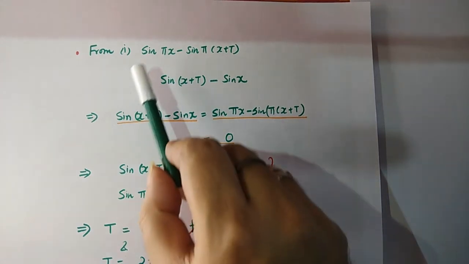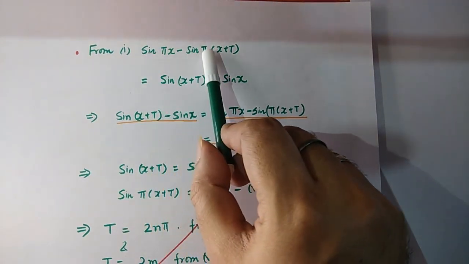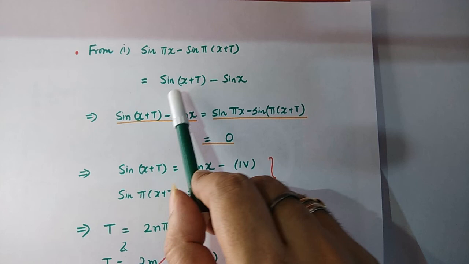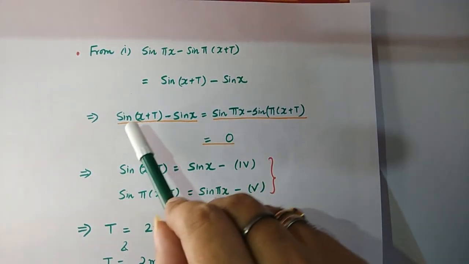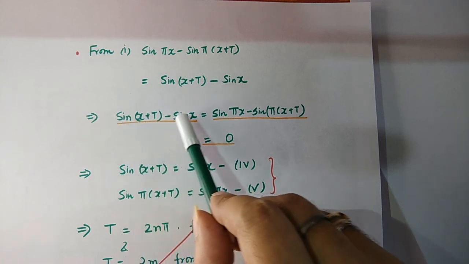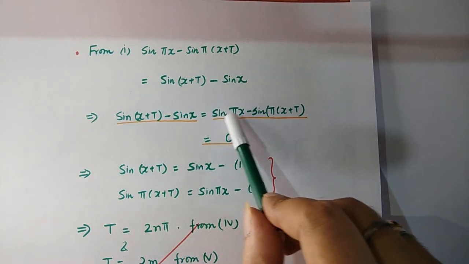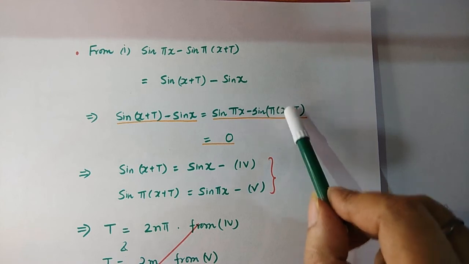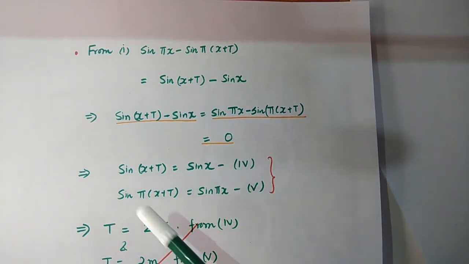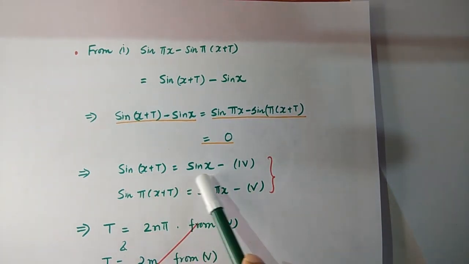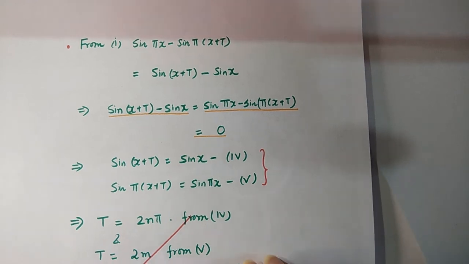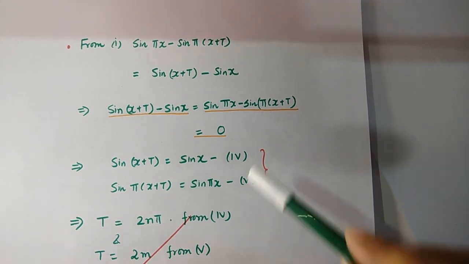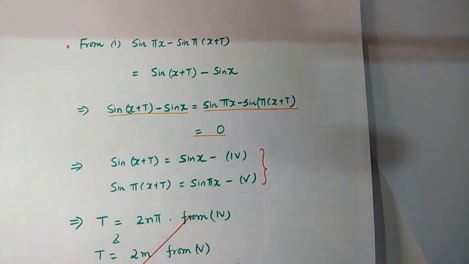But from equation 1, sine pi x minus sine pi times x plus t is equal to sine of x plus t minus sine x. Therefore, it now follows that sine of x plus t minus sine x is equal to sine pi x minus sine of pi times x plus t, which is equal to 0. Therefore, sine of x plus t must be equal to sine x and sine of pi times x plus t should be equal to sine pi x. Call these equations 4 and 5.